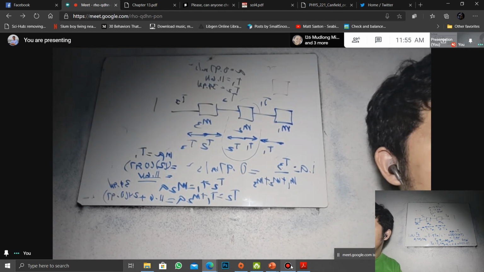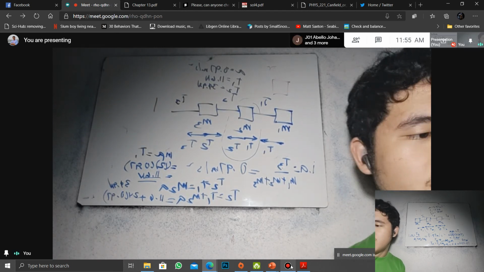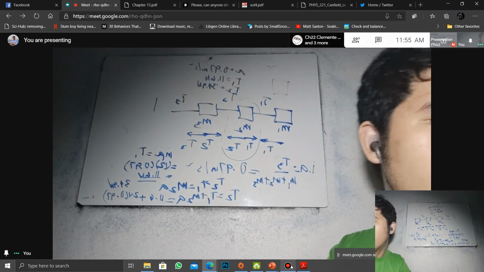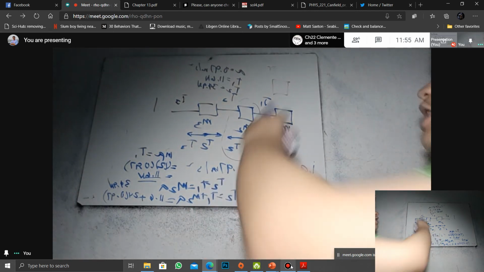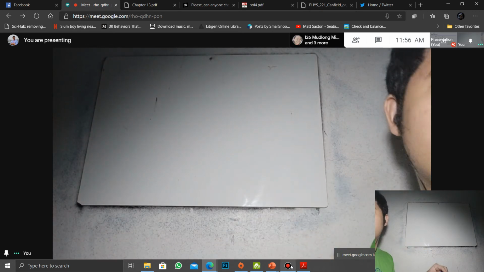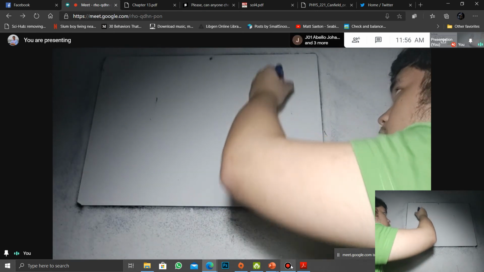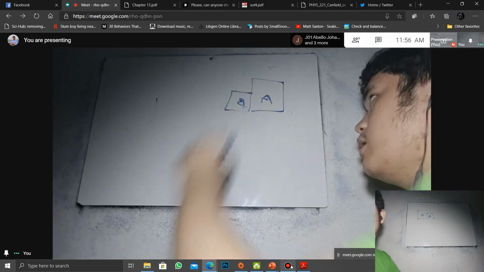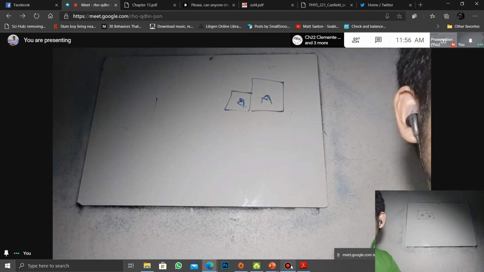Letter B. Contact in horizontal. Let's speed up a little. A, B. Let's draw free body diagrams for all the systems.